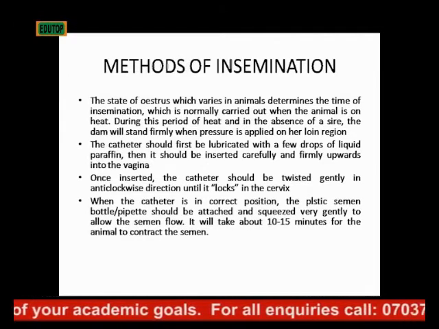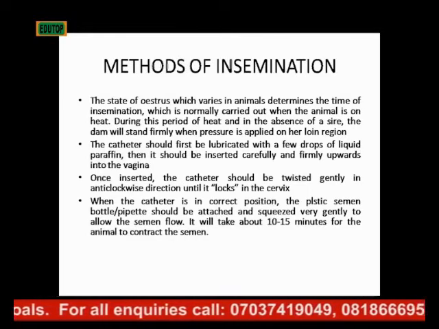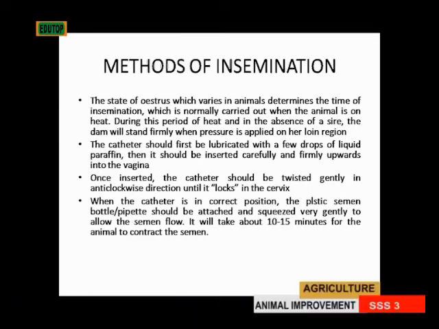Then it should be inserted carefully and firmly upwards into the vagina. Once it is inserted, the catheter should be twisted gently in an anti-clockwise direction as it locks in the cervix of the female animal.